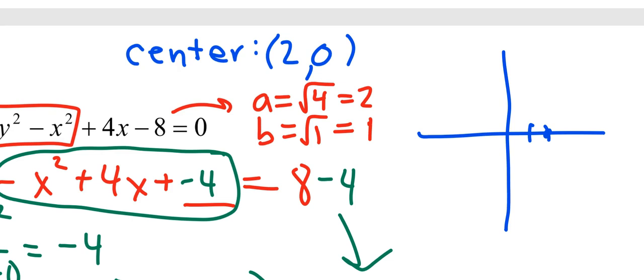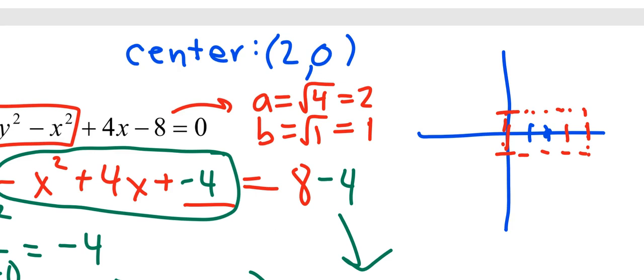Okay, so how far right and left should I be going from that center to find the edges of the box? 2 units to the right and 2 units to the left. How far up and down should I be going? 1 unit up, 1 unit down. So that's my box right there, my imaginary box.